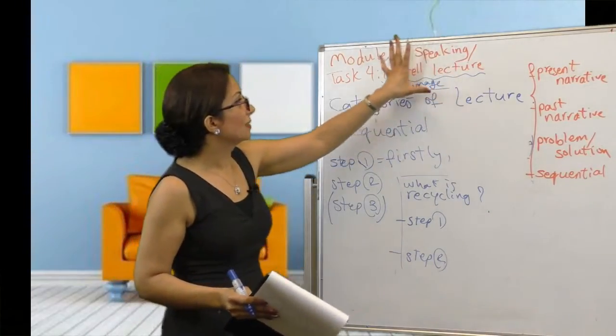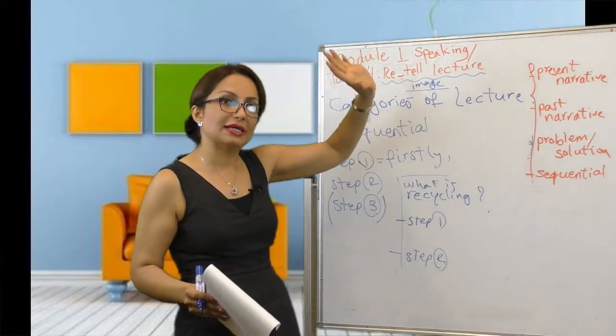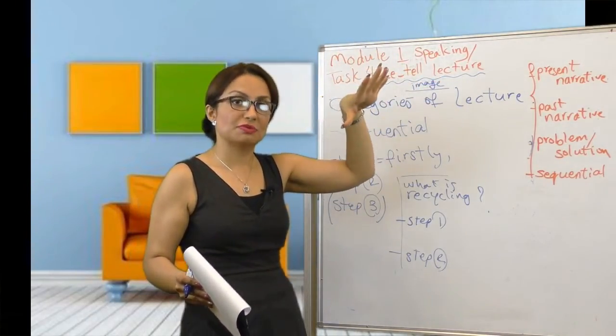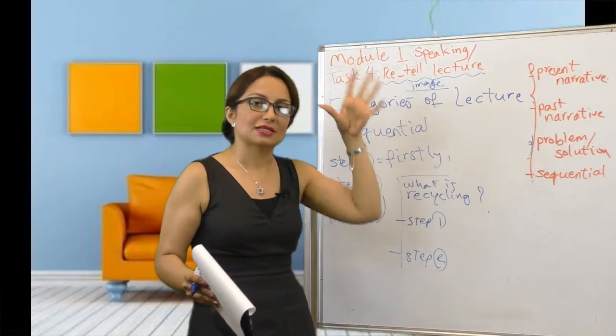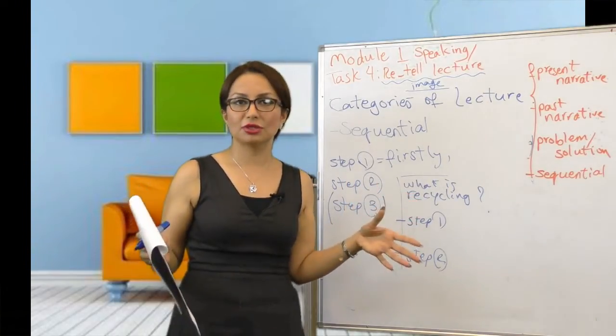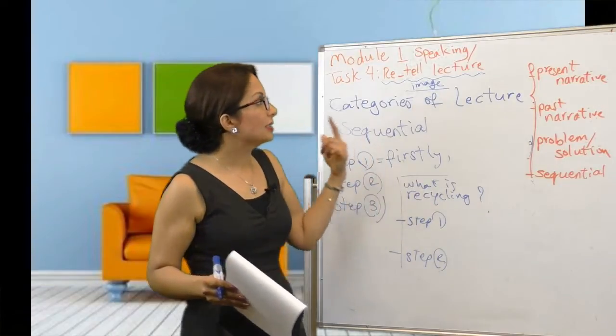So far we have had a look at the test overview. What is a Retell Lecture task in PTE? Retell Lecture is part 4 of your speaking in PTE, and the tasks always come with an image. The image helps you to anticipate the vocabulary and to predict the content or the context of the presentation.